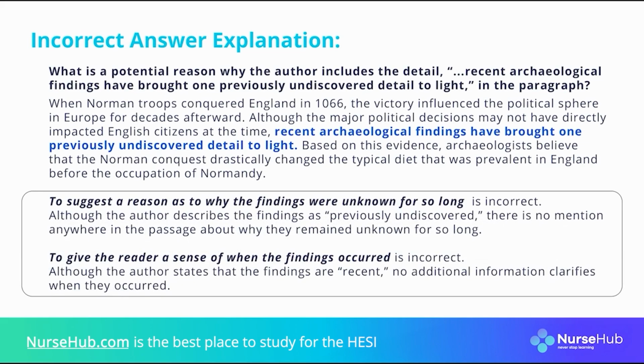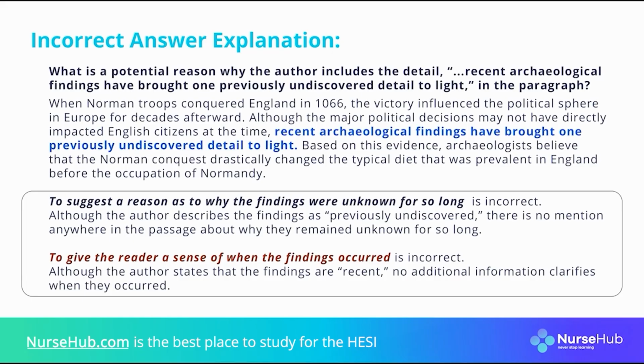Here's our first two incorrect answer options. To suggest a reason as to why the findings were unknown for so long. The author describes that the findings are previously undiscovered, but there's no mention anywhere in the passage about why they remained unknown for so long, so this is incorrect. To give the reader a sense of when the findings occurred.